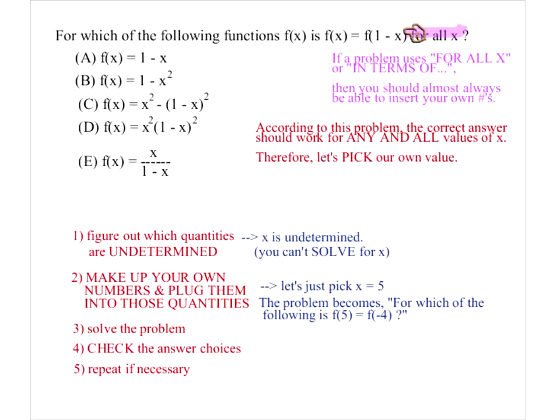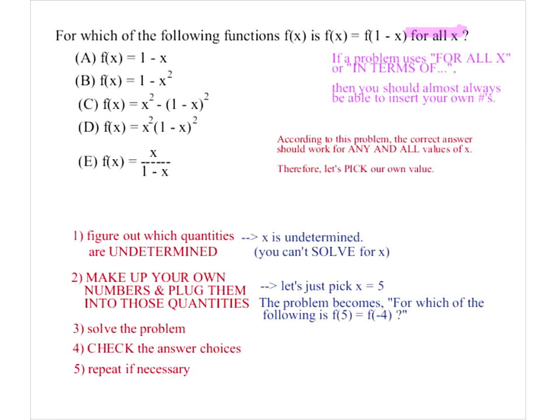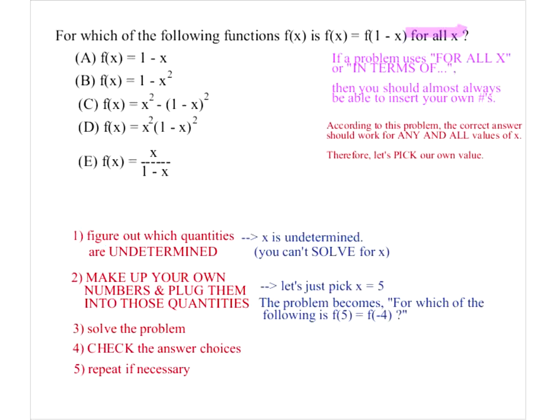So instead of dealing with these frustratingly abstract variables, now we can just plug 5 into f and plug -4 into f and see what happens. Okay, so everybody give me a smiley face if you understand that so far. Okay, the faces I see are all smiling so far. This is good.